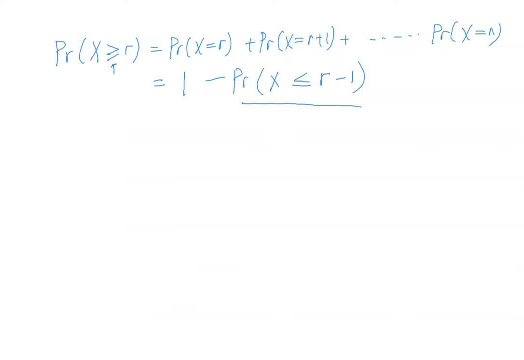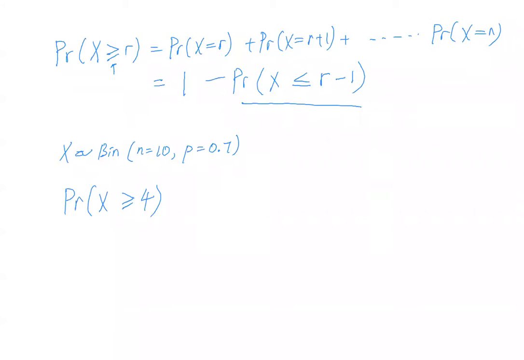For example, I have X as a binomial distribution, correct? I put n equal to 10 and p is 0.7. I want to find the probability of X greater than or equal to 4.